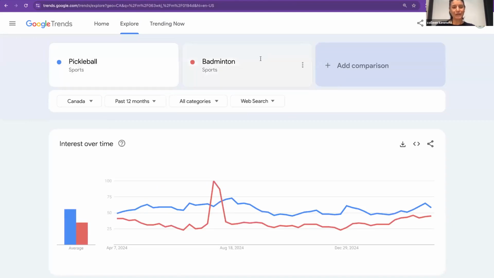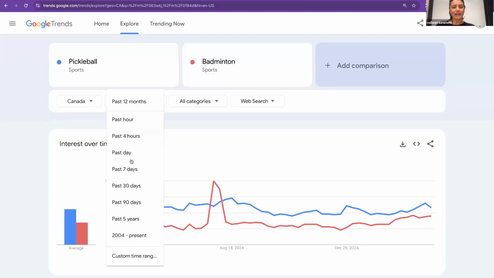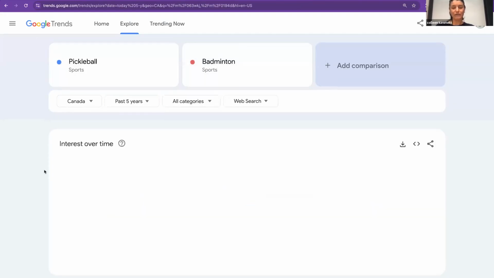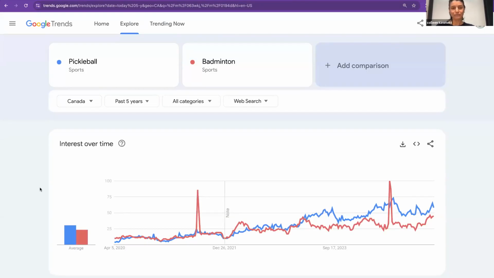But we can see here comparing pickleball and badminton, let's go past 5 years. Badminton was generally more popular, overtaking pickleball up until about 2023. Maybe even earlier, 2022 is when pickleball started to surpass badminton in terms of search interest.